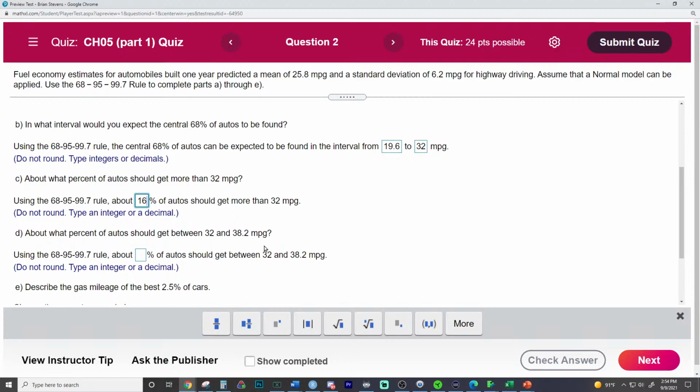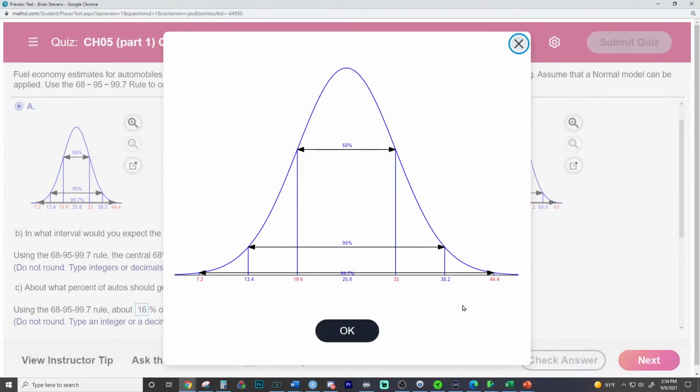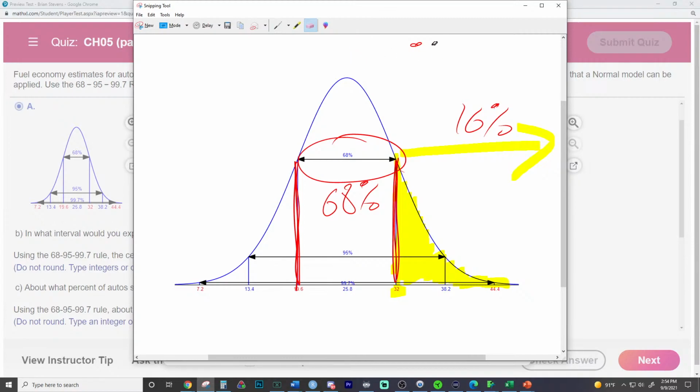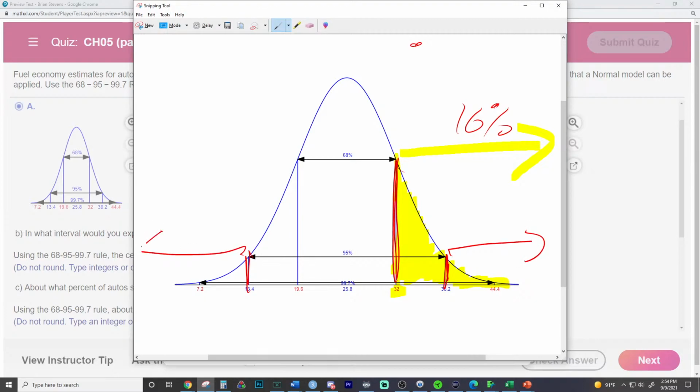What percent of autos should get between 32 and 38.2? So 32 and 38.2, these are one of the tougher ones. We just found that 16% right there, so we're going to keep it on the screen. And now let's go and do this. What percent, Tiffany, are these arrows worth right here?